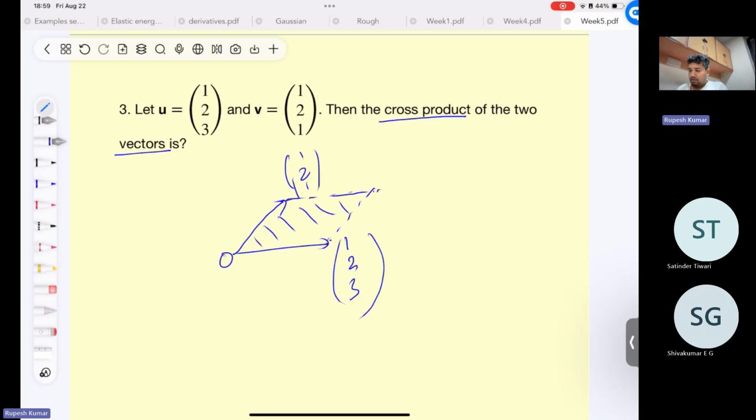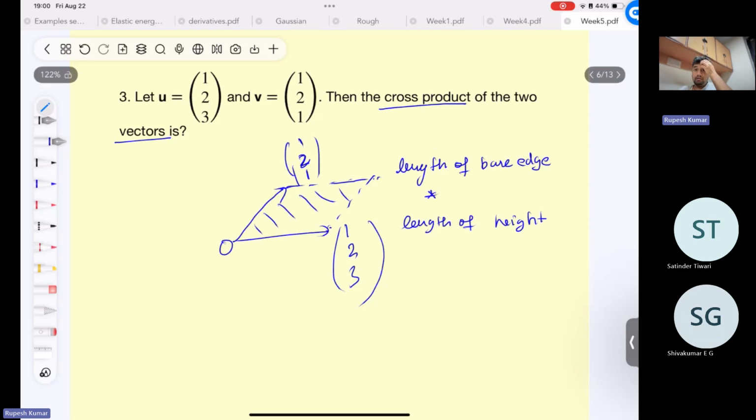Let's say these two vectors form the two edges of this parallelogram, and then try to find the area using the formulation: length of the base multiplied by the length of the height, in the direction perpendicular to the base edge, right?